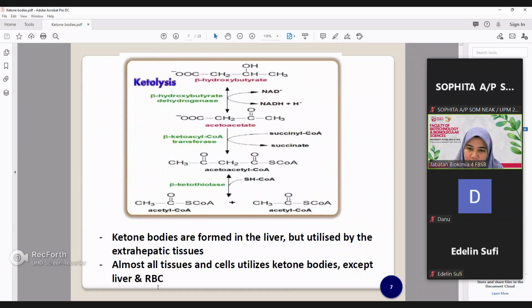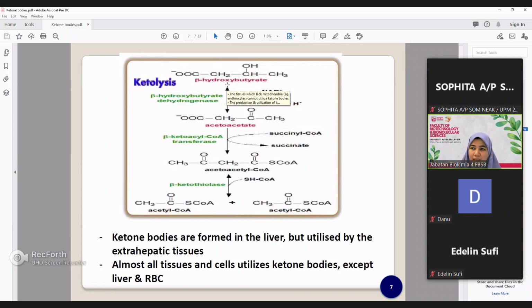This one is ketolysis. So what is ketolysis? Ketolysis is the process of catabolizing ketone bodies, for example beta hydroxybutyrate. These ketone bodies supply energy as an alternative energy source, either for the brain or for other tissues.